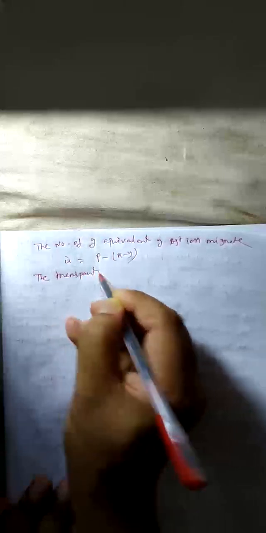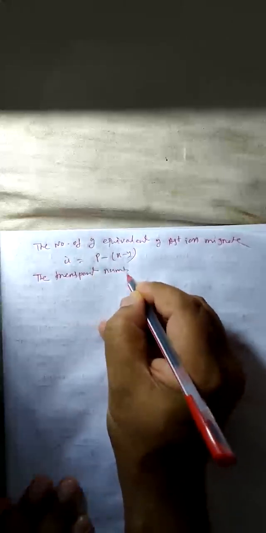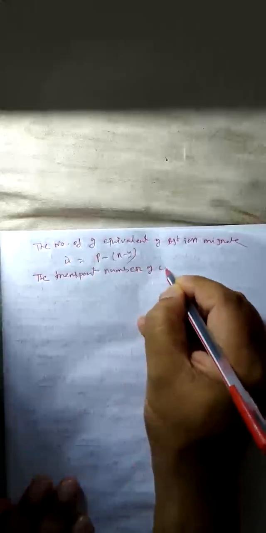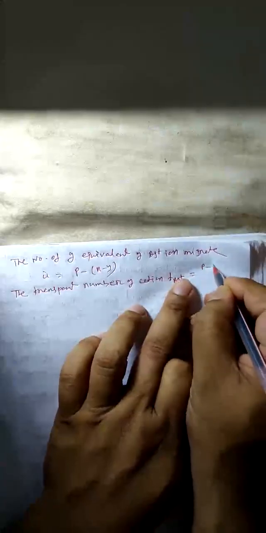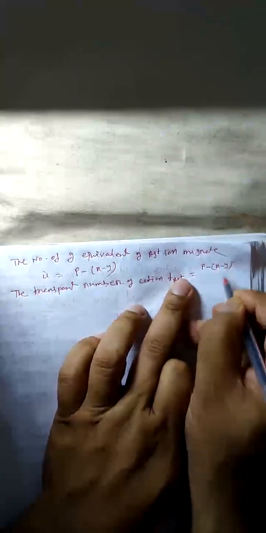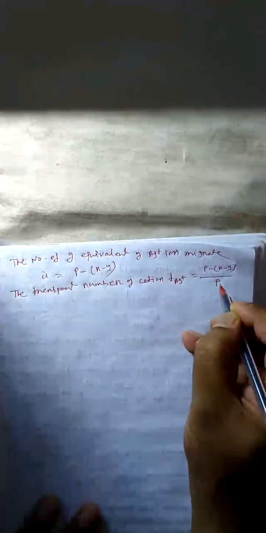So when we want to find the transport number of cation, T Ag plus is equal to the number of gram equivalent moved, P minus (X minus Y), divided by the total current, P. This is the transport number of silver ion.